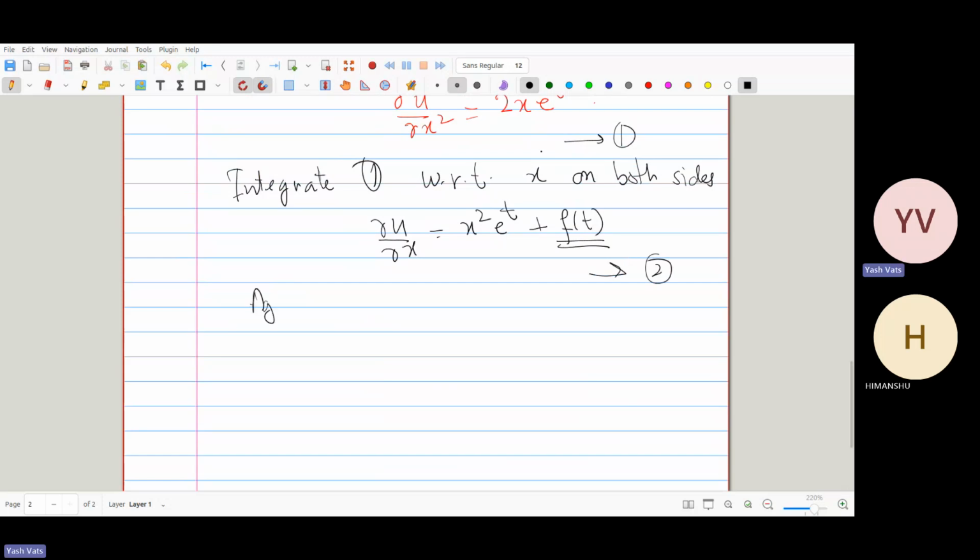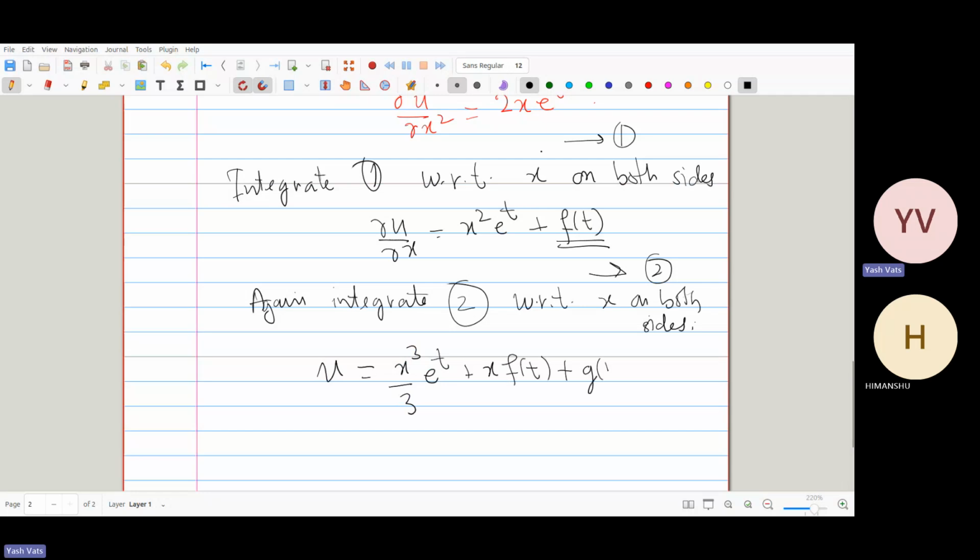Again integrate second with respect to x on both sides. Then what you get is u equals x cubed over 3 e to the power t plus x f(t) plus another function of time, g(t).